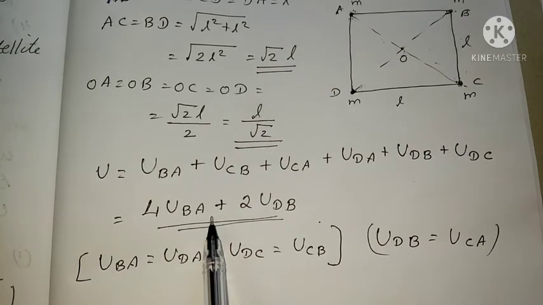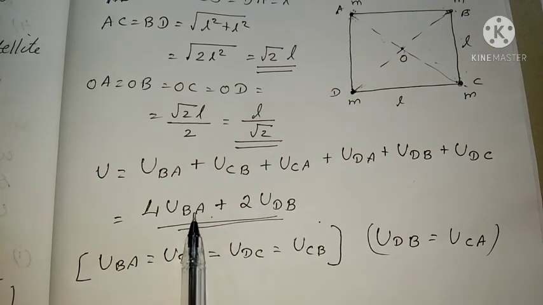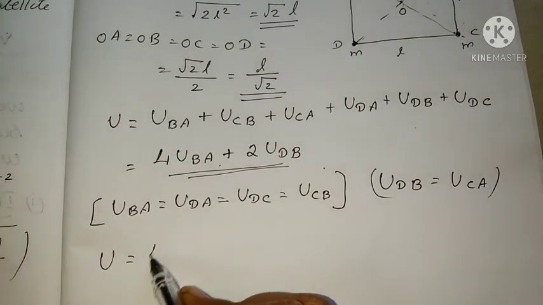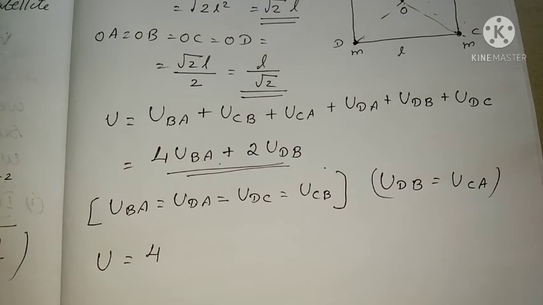Then we can substitute the formula for the potential. Again we can write U equal to 4 into, what is the general formula of potential energy?